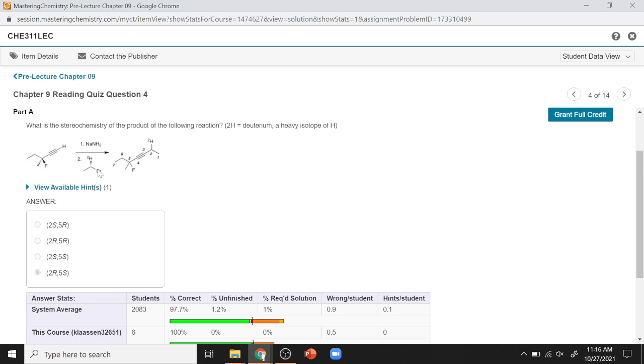Okay, that's one way you can do this. The other way you could do this is you could continuously try to draw it out, which is going to be a lot more work and difficult, okay? The other way you could do this is going ahead and assembling this, reflecting things, and then assigning the geometry here, okay? So, in this case, we have the two hydrogen, the deuterium, facing away from us, right?